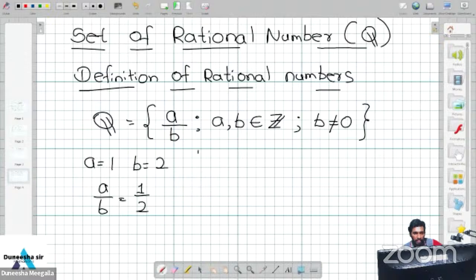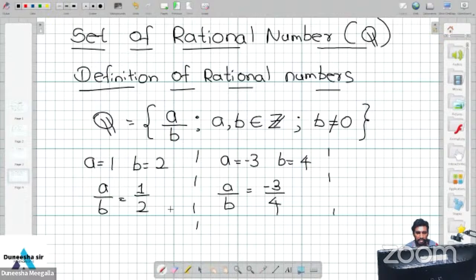Then can you tell me another two numbers, where one is a negative number? -3 and positive 4. Then A divided by B, how can we write it? -3 over 4.